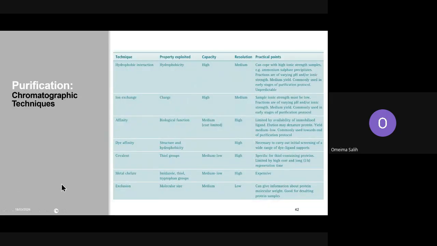Okay, now you already understand the principle behind HPLC and the different types. But the most important thing is the selection of the stationary phase and the mobile phase. You need to know the physical and chemical characteristics of your protein.